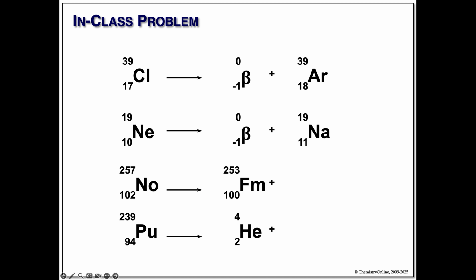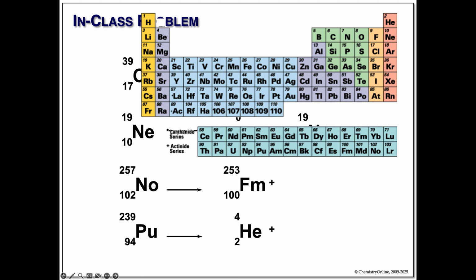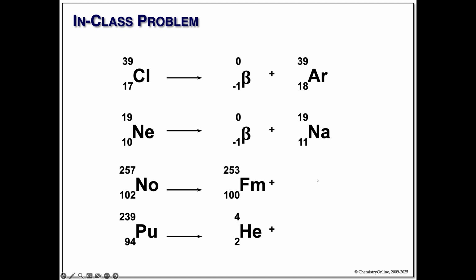Now look at what's happening here. We're looking for the particle that was emitted. Our number of protons is dropped by 2. Mass number dropped by 4. Clearly, is it alpha? Like this.